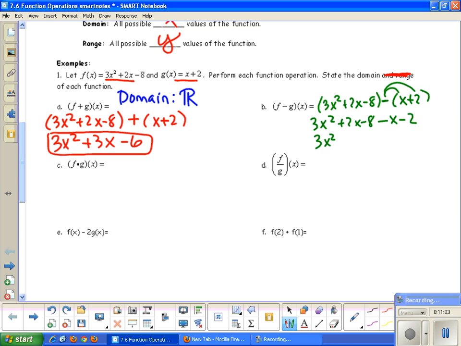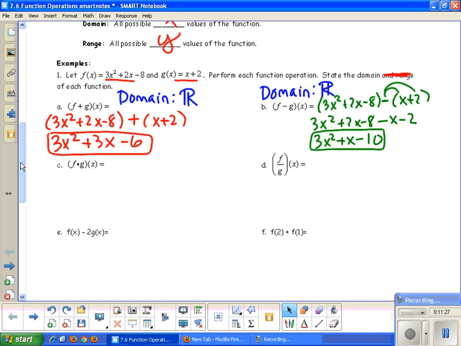So 3x squared, 2x minus x gives me 1x, so plus x. Negative 8 and negative 2 is minus 10. And again, I don't have any restrictions because there's no variables in the denominator, and I don't have any radicals to worry about. So my domain for this one is, again, all real numbers.